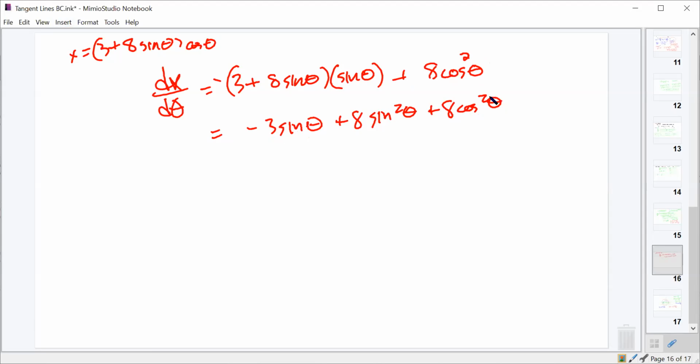Everybody agree with that derivative for dx d theta? Oh, sorry, this should be a minus 8 sine squared theta, not plus. That eraser is a little bit big. All right, everybody good with that?